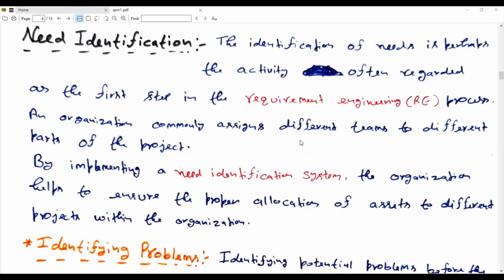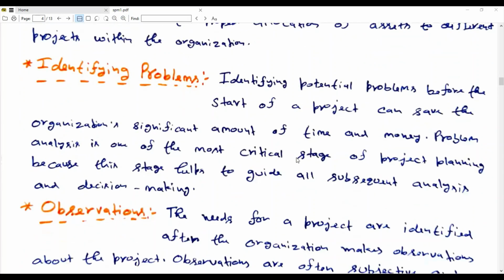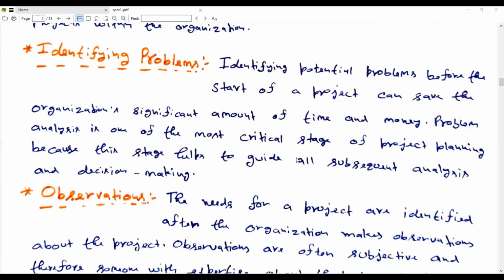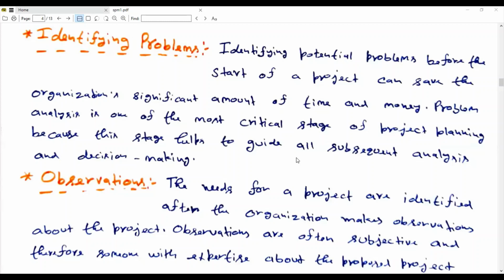We have some steps in this need identification process. The first one is identifying the problem. In this first phase, we identify the problem, and this tells us what we actually have to do, and it will save our most precious time and money.